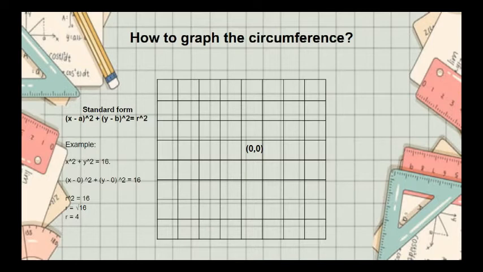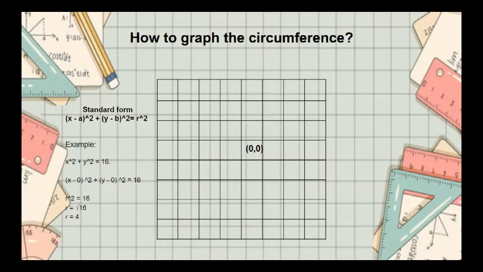Then you can solve it to check that the radius is 4. Now, you can write the equation as x squared plus y squared equals 4 squared.